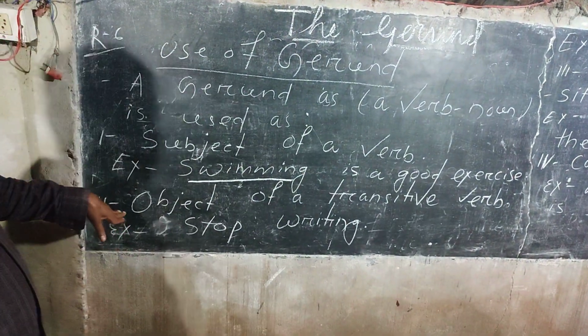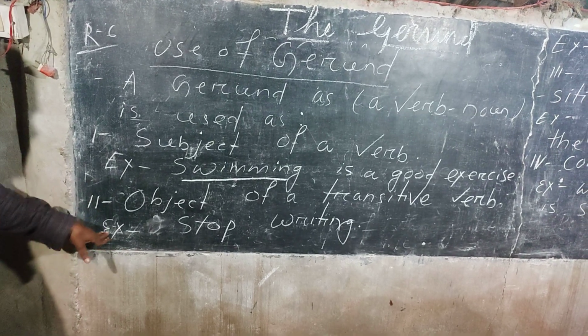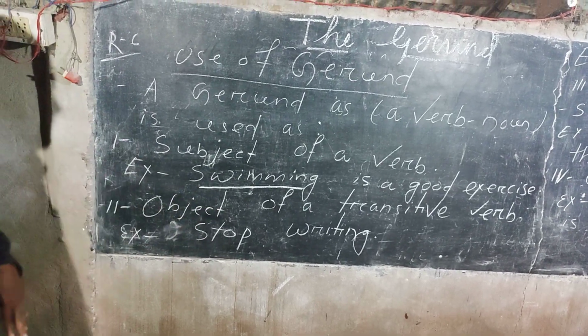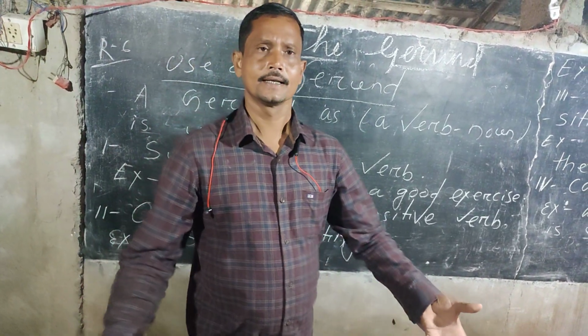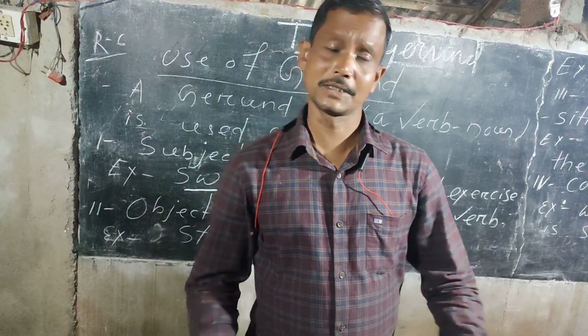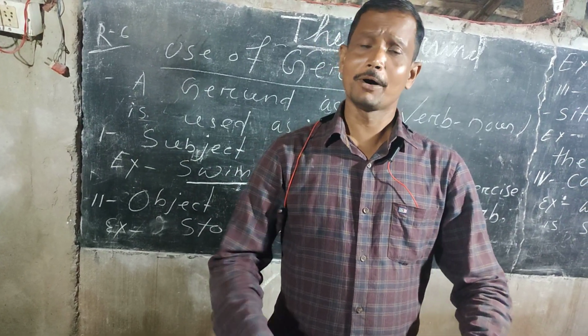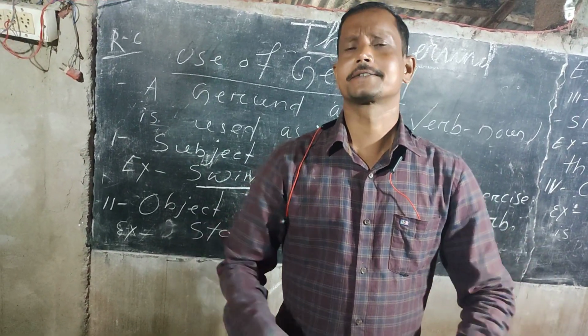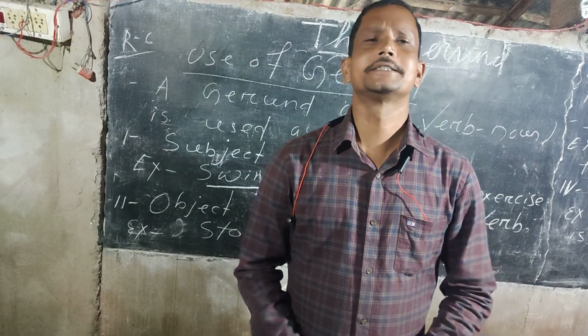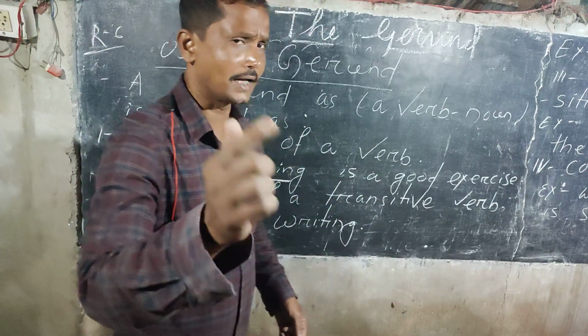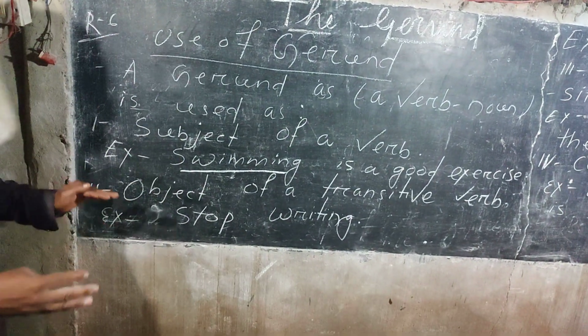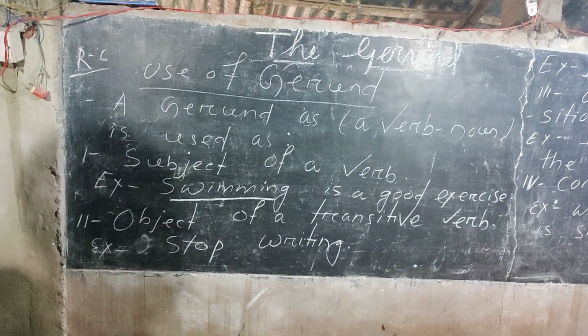Next, use number 2. Object of a transitive verb. That means the intransitive verbs take no object. So the verb that takes object or objects is known as a transitive verb. So the gerunds are also used as the objects of transitive verbs.